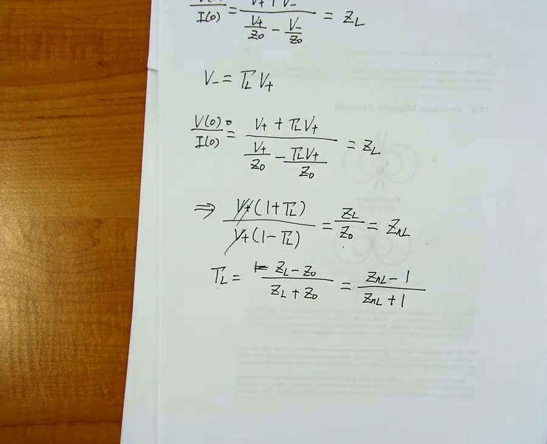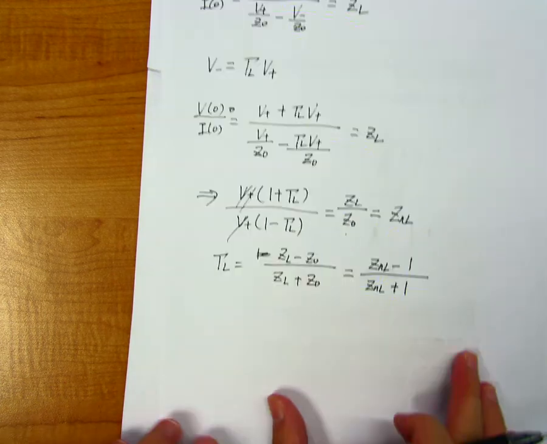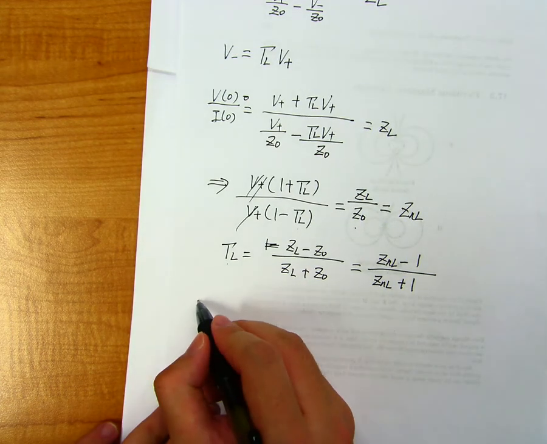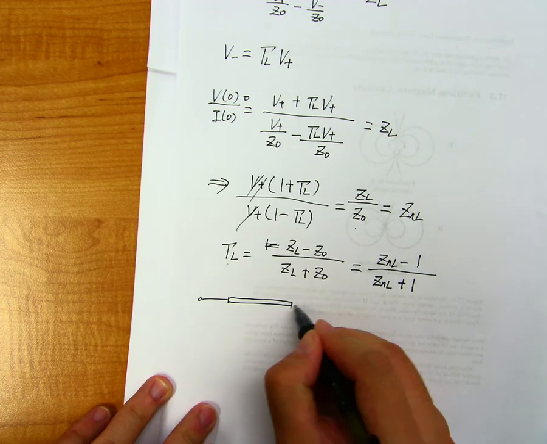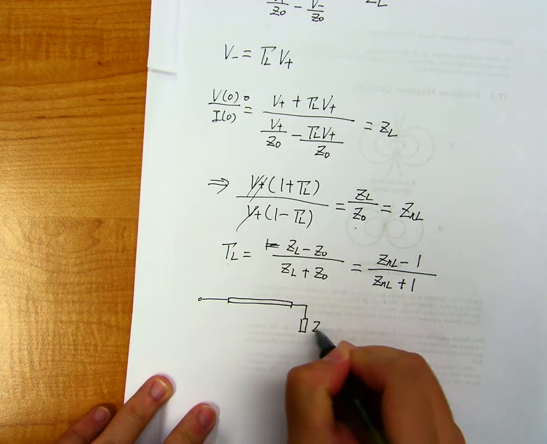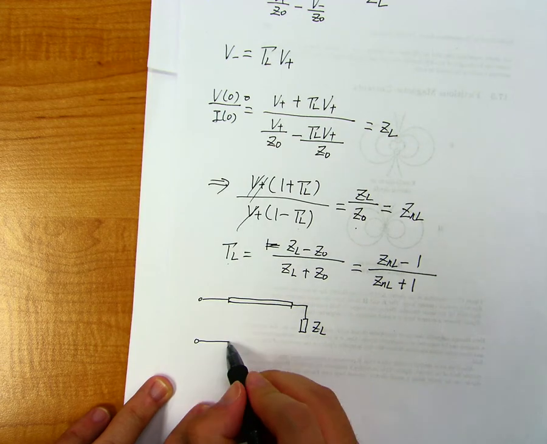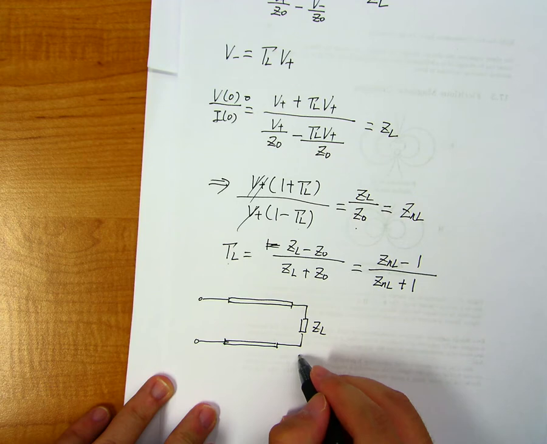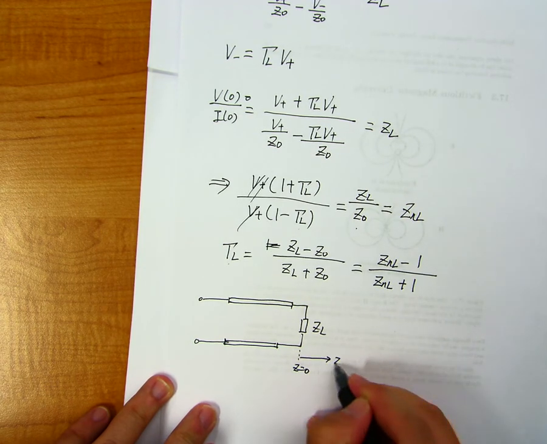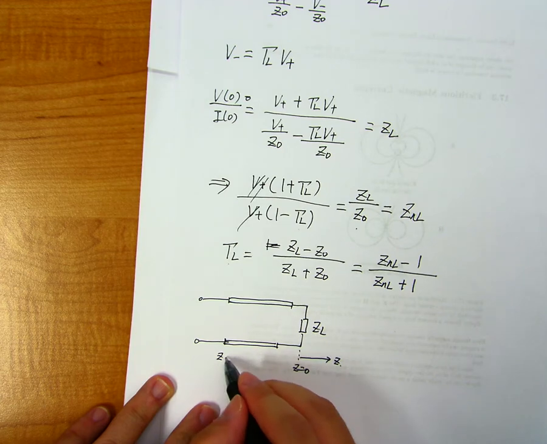And accordingly, on this terminated transmission line, again, we have z equals 0 here, and this is a positive z-axis, and this is, for example, z equals negative L.